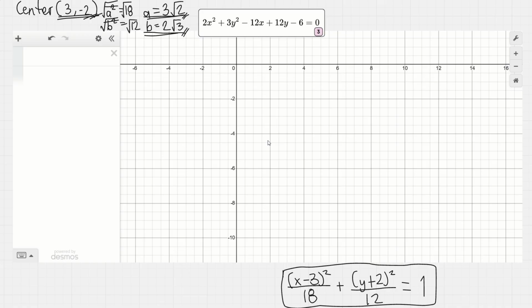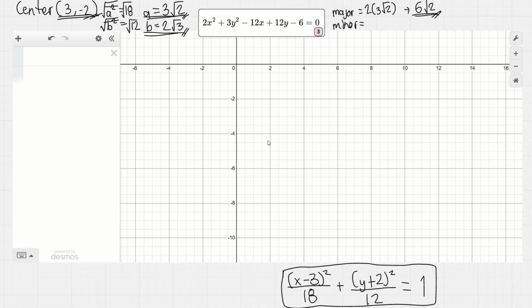Now let's try to find our major axis and minor axis. So our major axis is 2 times the value of a, which means 3 square root of 2. So our major axis is 6 square root of 2.